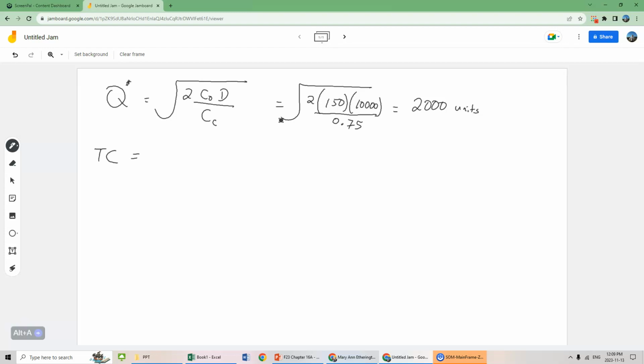So let's calculate our total cost. Total cost from the previous slides is our order cost, CO, times annual demand over whatever we order, over Q, plus the carrying cost times the economic order quantity divided by 2. To make this calculation, we will get 150 times annual demand of 10,000, we're ordering 2,000, plus 0.75 times 2,000 divided by 2.